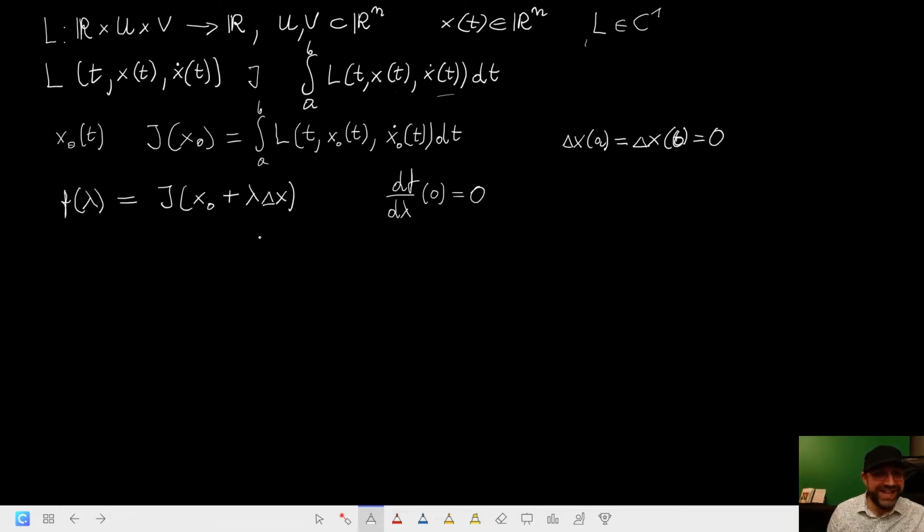Now, is f really differentiable? To verify that, let's think if that derivative makes sense.